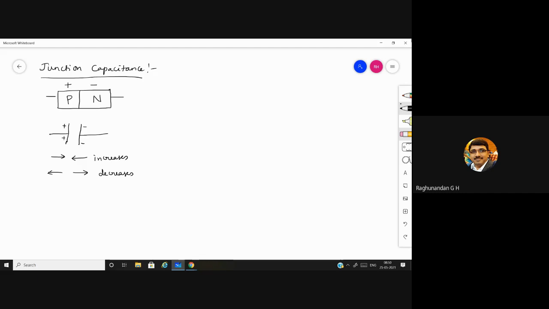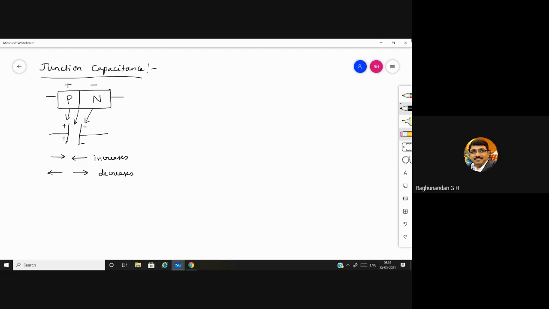So let us compare the P layer with the positive plate, the N layer with the negative plate, and the junction with the dielectric medium. Look at this diagram and tell me, can we compare this together? Are they matching?